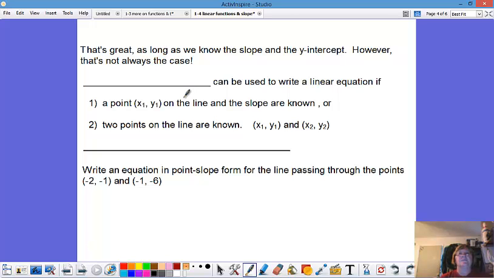Actually, it's wonderful. We can always write linear equations if they give us the slope and the y-intercept, but that isn't always true. We have learned other formats that allow us to write linear equations, and we are going to talk about the point-slope form.